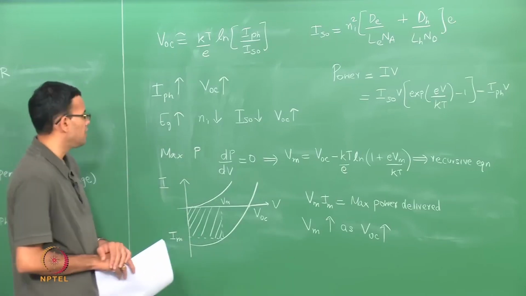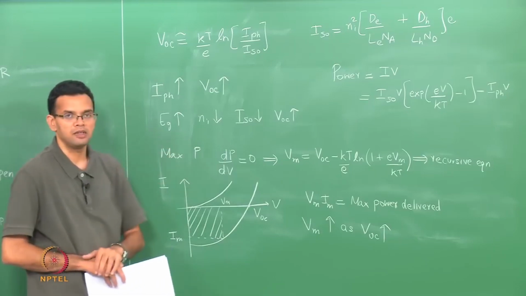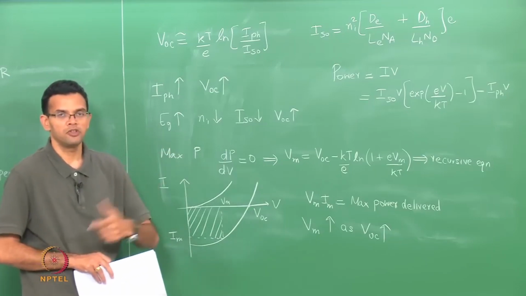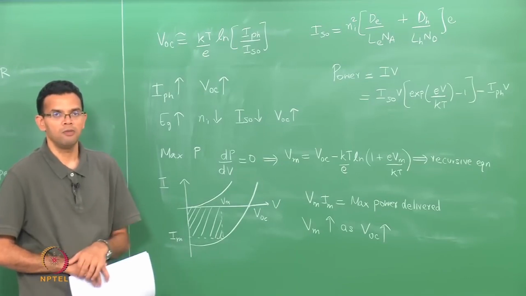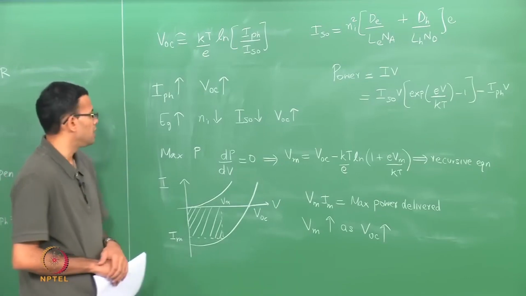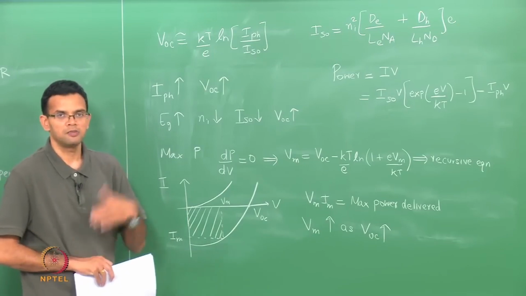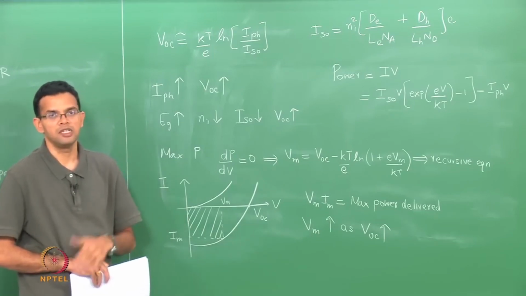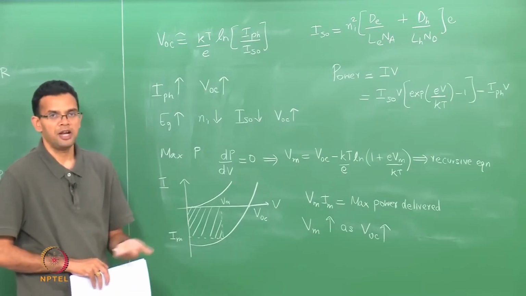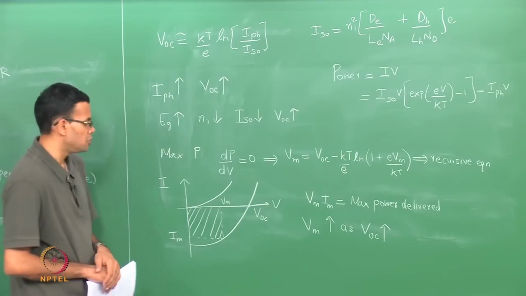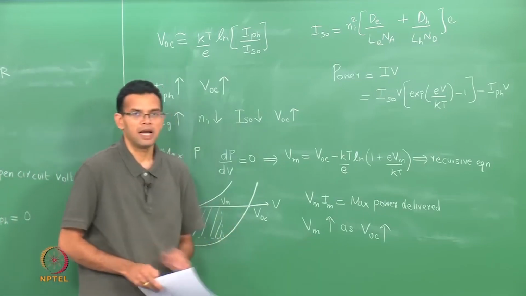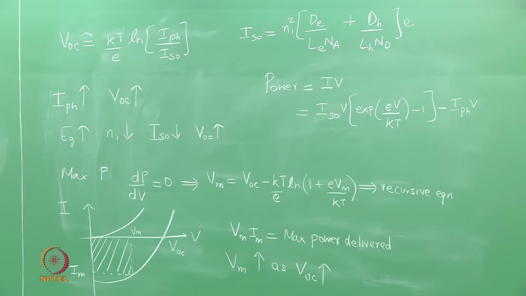The drawback in that case is that as your band gap increases, the region of the solar spectrum that is being absorbed will decrease, because as Eg increases, the corresponding wavelength for the transition will decrease. So, there is a trade off on what material you choose in order to get the maximum value of the power.